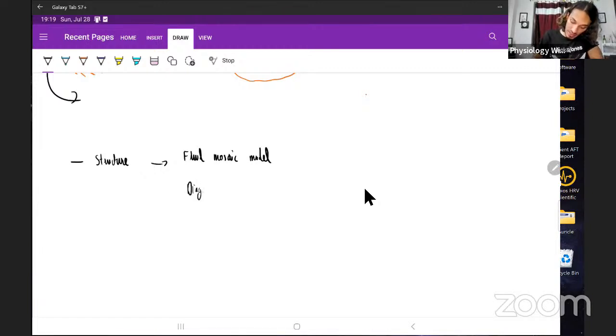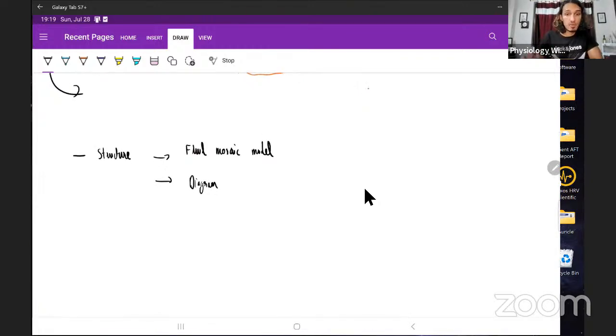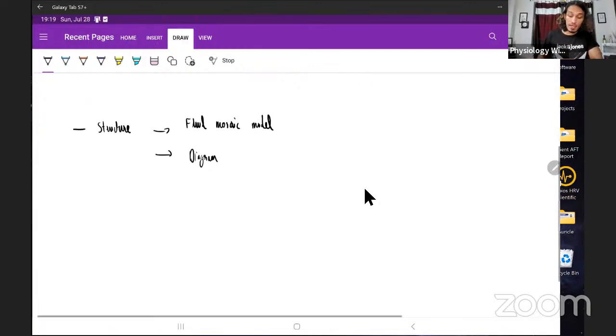Draw a diagram. Okay, why is it a fluid mosaic model? Because in your whole lipid structure, in a zigzag, mosaic pattern, you can see protein structures embedded inside.